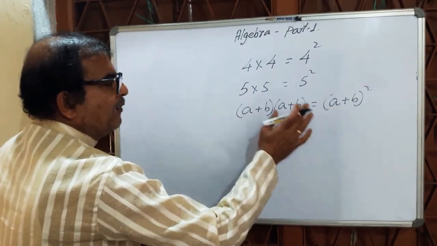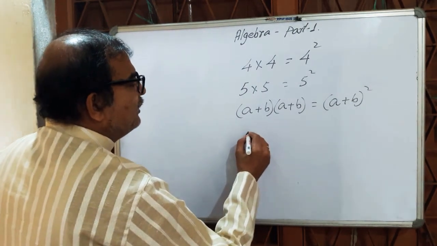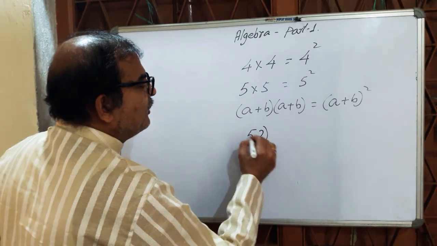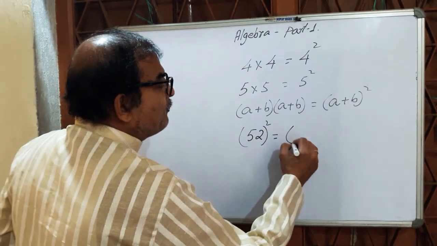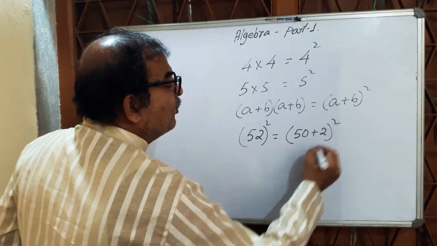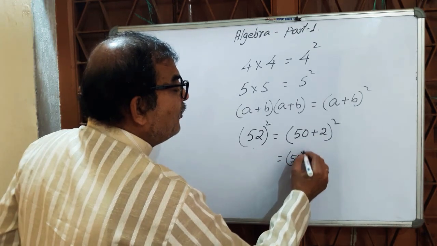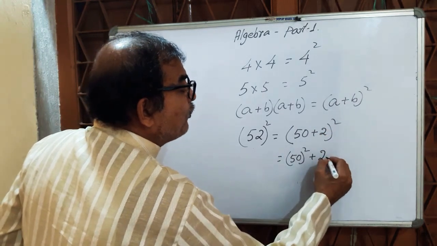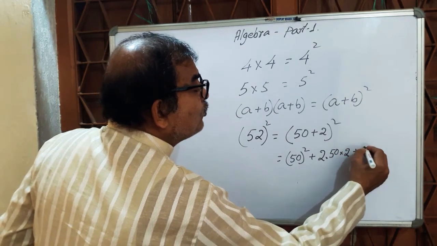Now my suggestion, if they ask what is the square of 52, without multiplications you can do it directly. You break 52 as 50 plus 2 whole square. What will you get? 50 square plus 2 into 50 into 2, and now 2 square.